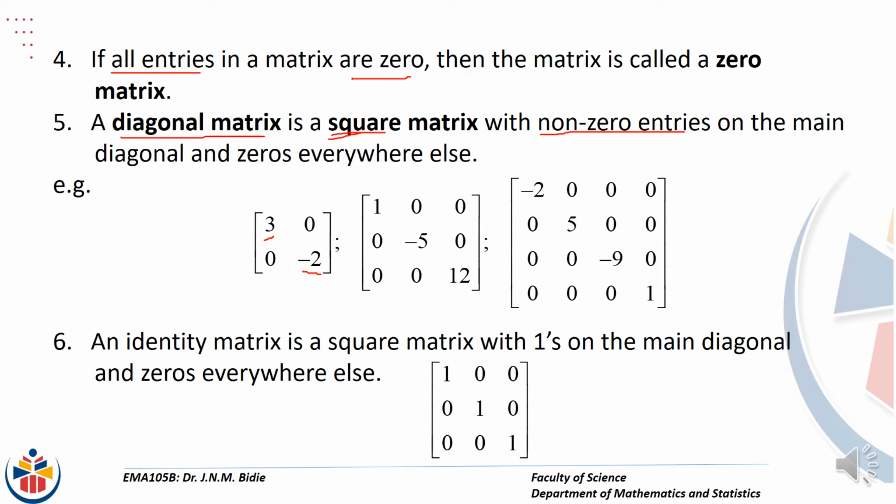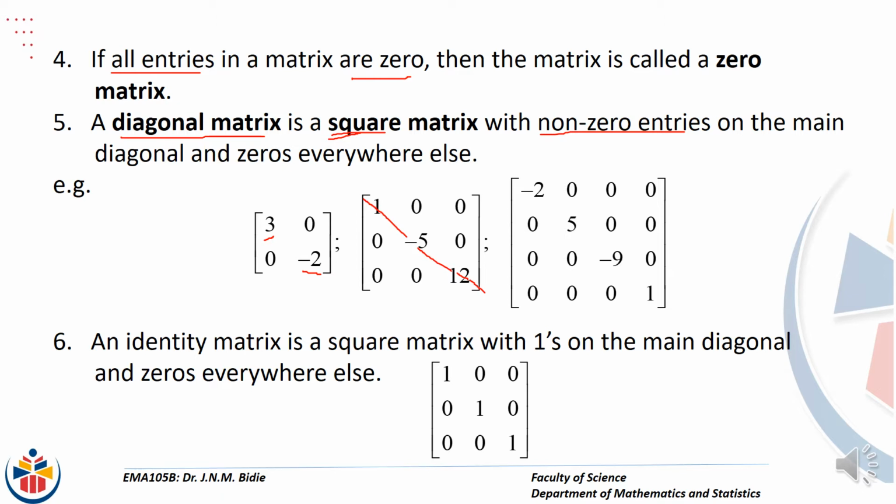Okay, then we've got a 3 by 3 matrix, which means it's got 3 rows and 3 columns, and the only non-zero entries are found on the main diagonal. Also here we've got 4 rows and 4 columns in this last matrix, and the only non-zero entries are found on the main diagonal, and zeros are everywhere else.